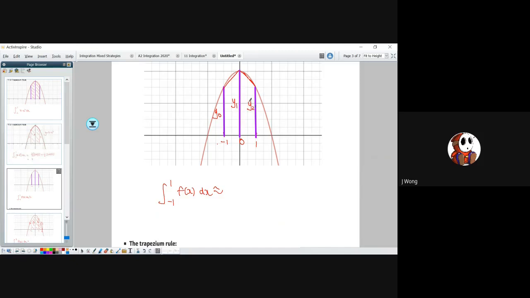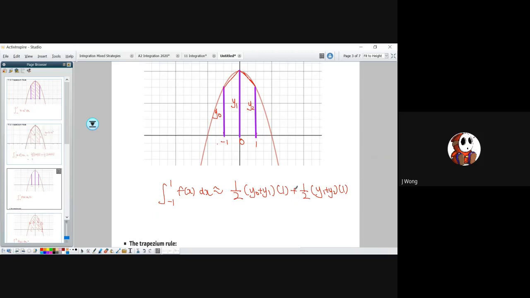So if I'm going to work out the area of these two trapeziums, for the first one, that will be a half multiplied by the sum of the parallel lengths, y0 plus y1, multiplied by the width, which is 1. And same case for the second one, a half times y1 plus y2 multiplied by 1. So I could factor out what they have in common, which is a half.